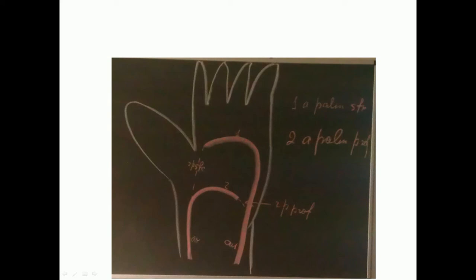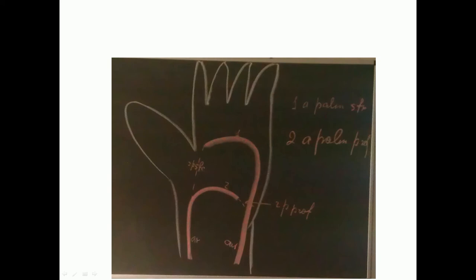Arcus is understandable. It is curved as an arc, and each of them, one superficial and another profound, is a prolongation of the main artery of the forearm.